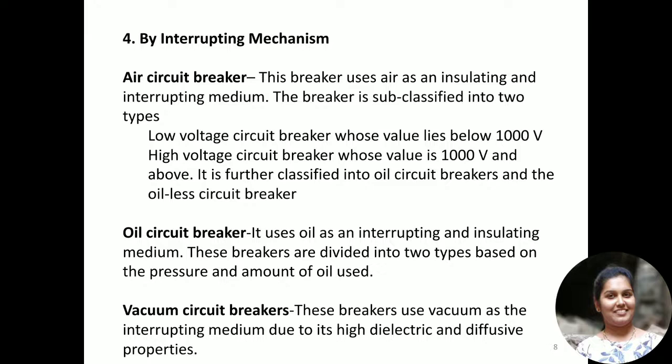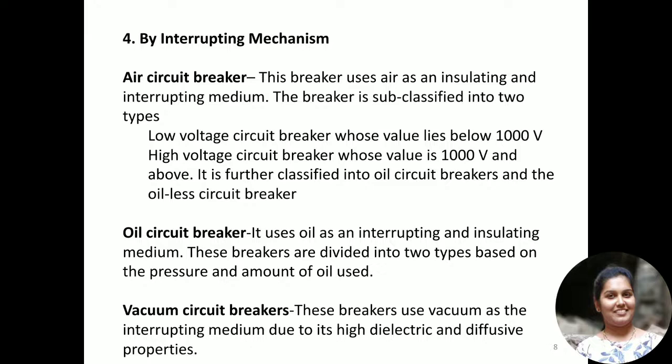It is further classified into oil circuit breakers and oil-less circuit breakers. So in general, air circuit breakers are nothing but breakers which use air as insulation and interrupting medium. Based on the voltages, again we have low voltage and high voltage air circuit breakers.